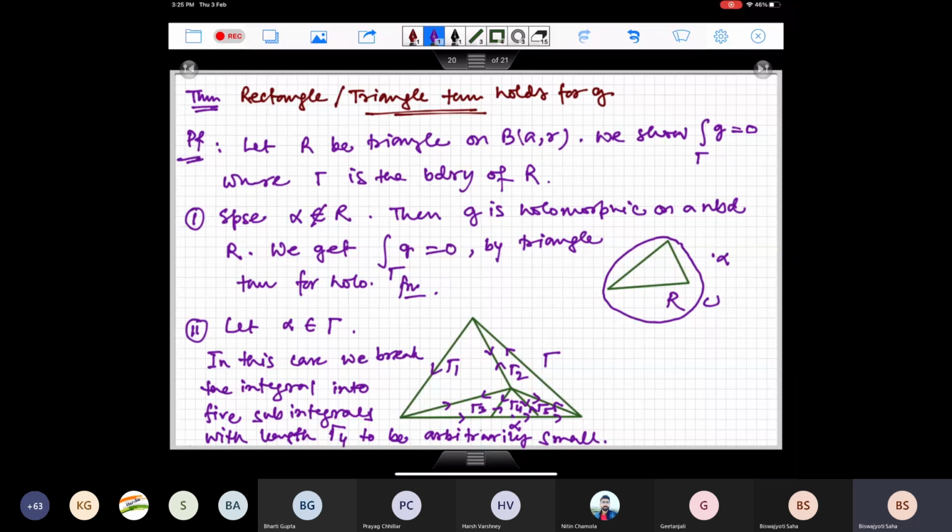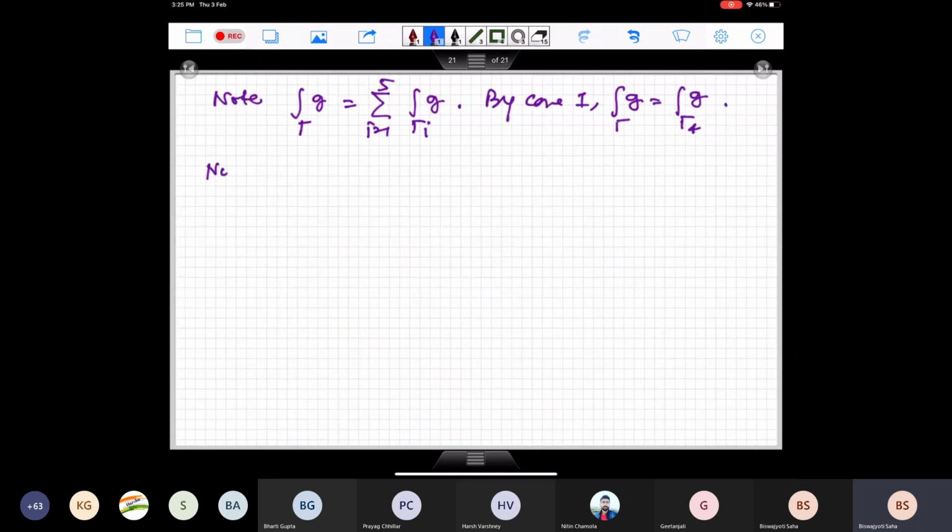Now, as I said, I have the option of taking gamma 4. The triangle that I have drawn, I can of course draw a smaller triangle. Nobody is going to object to that, right? I can make my gamma 4 as small as I wish. So note that gamma 4 can be made arbitrarily small.